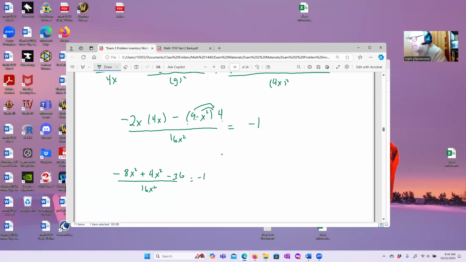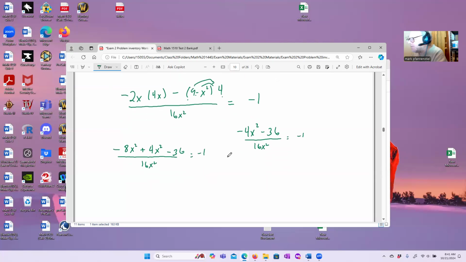We have a little bit of cleanup to deal with. So we have negative 8 plus 4. That's going to be negative 4x squared minus 36 all over 16x squared, set equal to negative 1. Clean this up however you'd like. I'm going to pull negative 4 out of here, so we get x squared plus 9, distributing out the negative 4 to both pieces.